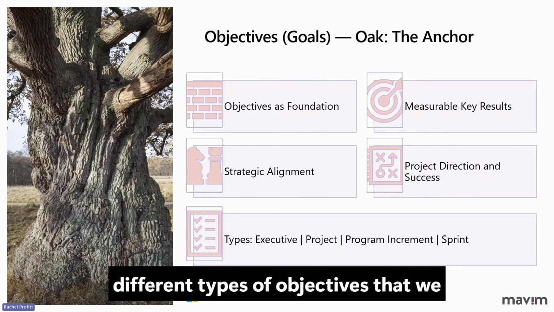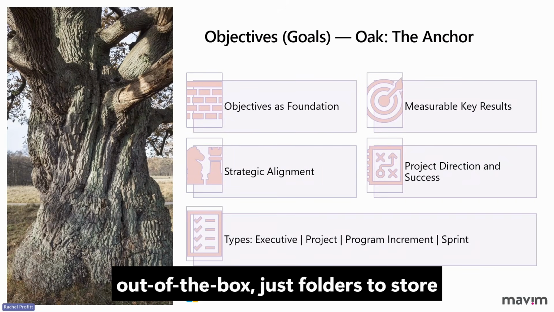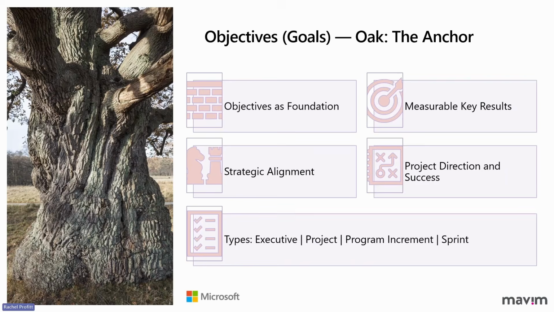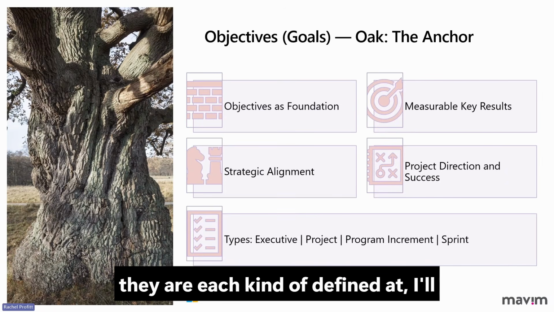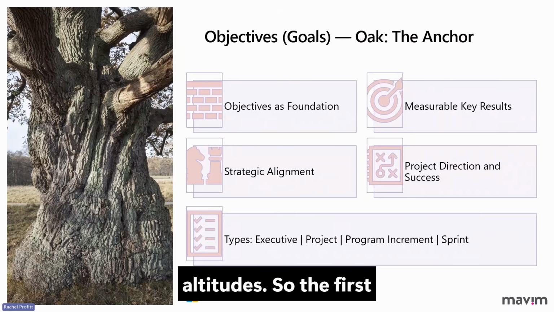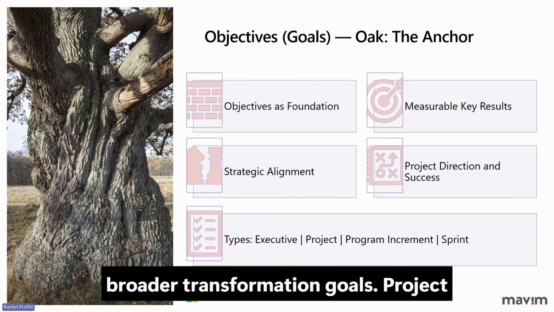There are 4 different types of objectives that we have created in our template. We don't provide you any objectives out of the box, just folders to store them in. And they are each kind of defined at, I'll call them, different operating altitudes. So the first type is executive objectives. These tie the project to the broader transformation goals.